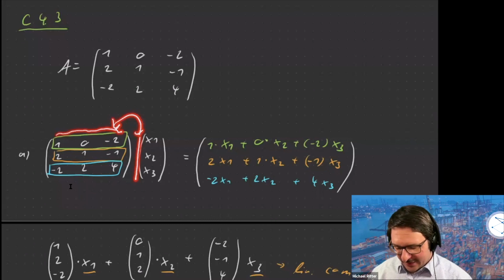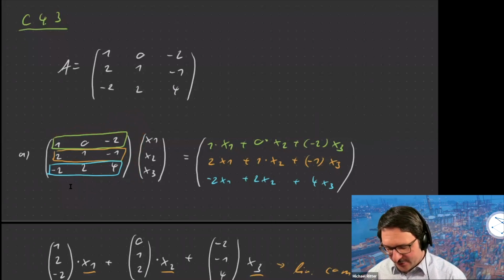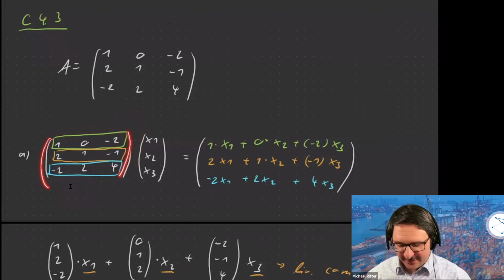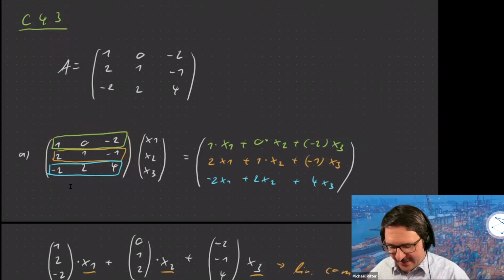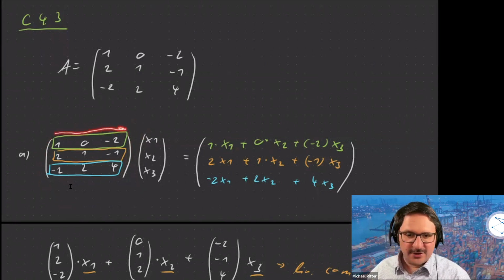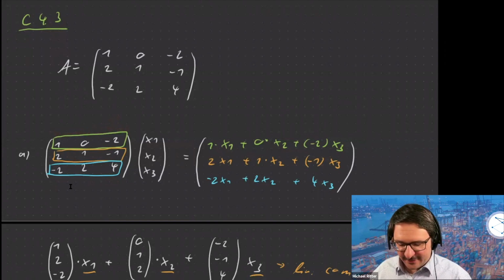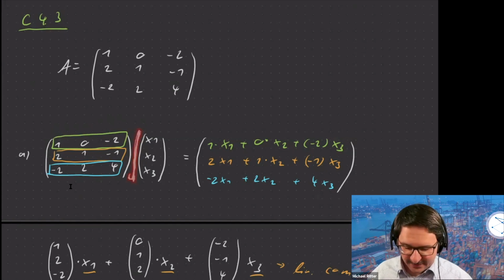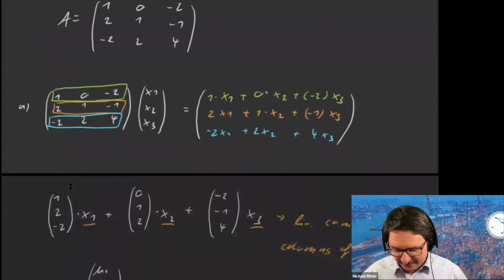So if I want to multiply anything to the right of this matrix A, then A has 3 columns. So whatever I multiply to the right must have 3 rows. If I want to multiply a vector, it must be a column vector like this one. I need the 3 rows. Same thing for the left.